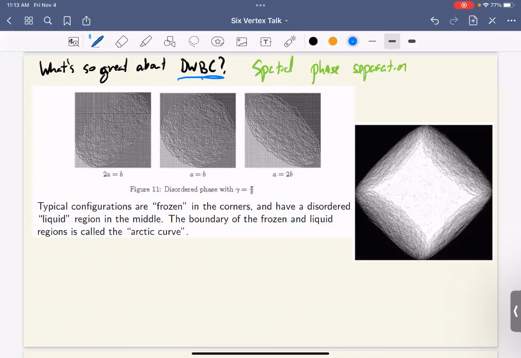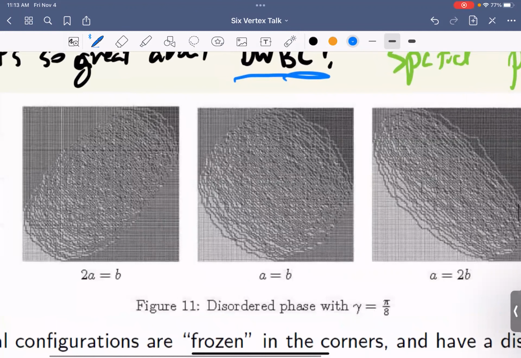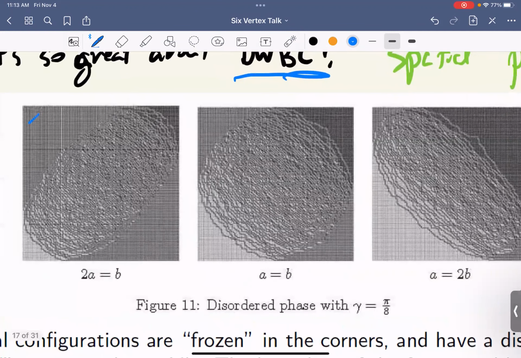And so there's kind of a competition between the boundary effect and the local interactions. And the result is that you see pictures like this. I don't know how well we can see that, in which in the corners, things are completely frozen. Typical states are completely frozen, I should say.